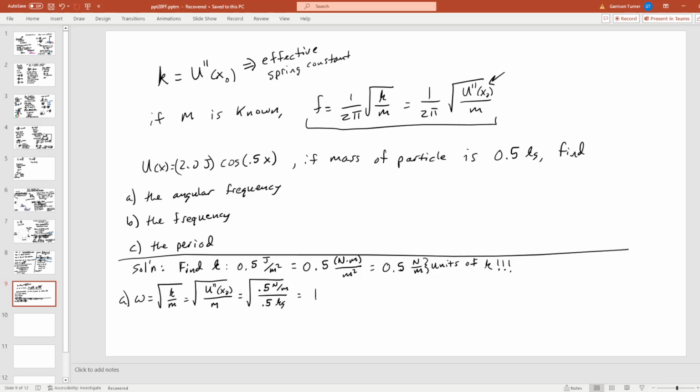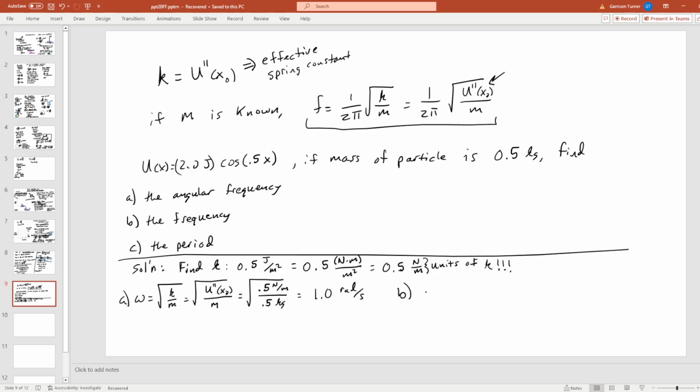So this is going to be 1 radian per second. Okay? So our angular frequency, if I have a particle of half a kilogram in this particular type of potential energy well, then if I displace it from its equilibrium position just slightly, it will have this angular frequency for its oscillations.